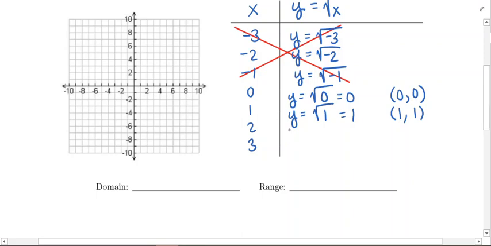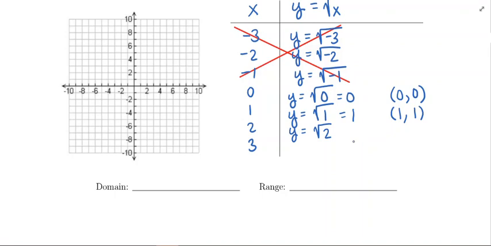If x is 2, that means the y value is going to be the square root of 2. Now let's think about this. We don't know the square root of 2 off of the top of our heads. This is actually a strange number. If you put this in the calculator, the square root of 2 is like 1.414... It's some crazy decimal.